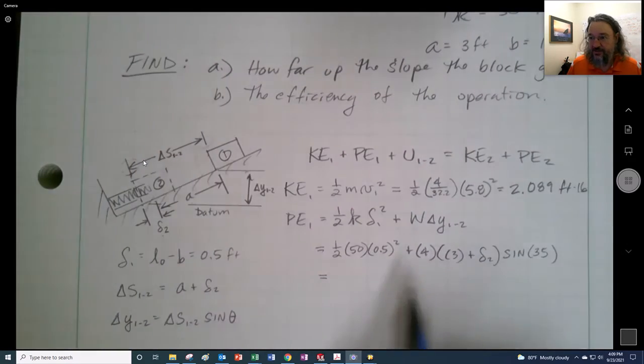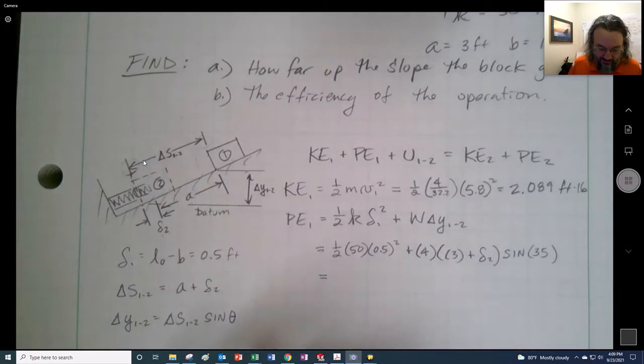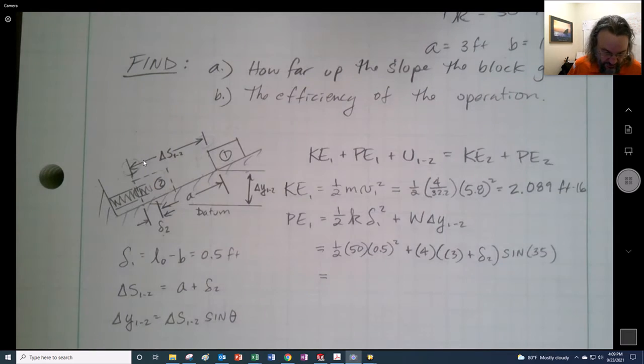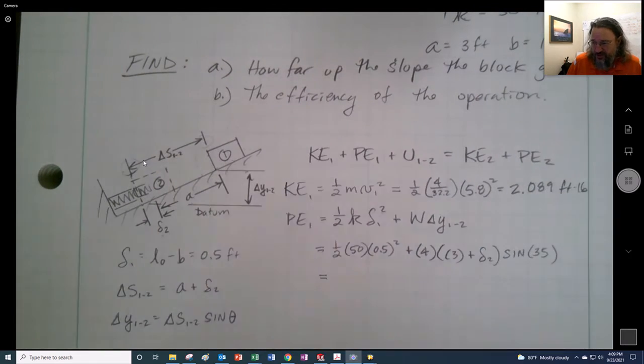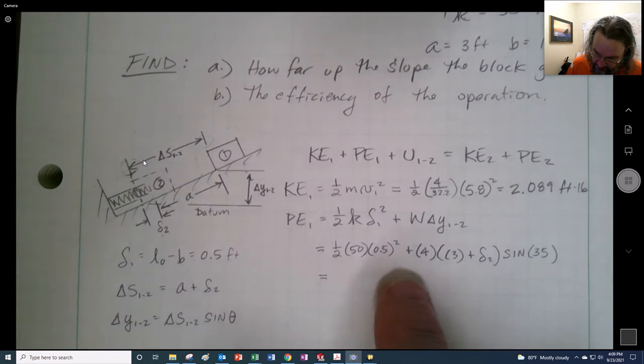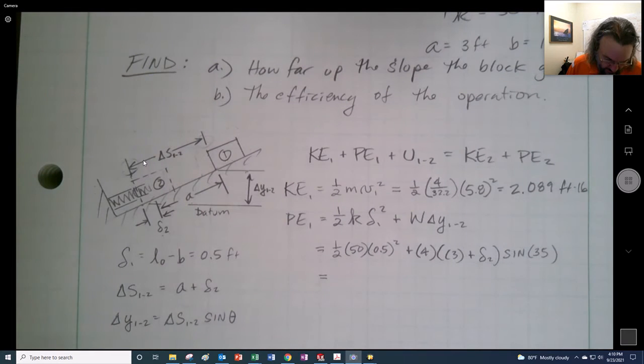This is actually not the hard one. The hard one is going to be the potential energy at state 2. We're going to have to do a little bit of extra stuff, but we'll just get through it. We're just walking through the thing. Not that big of a deal. So we got 50 times 0.5 squared divided by 2.